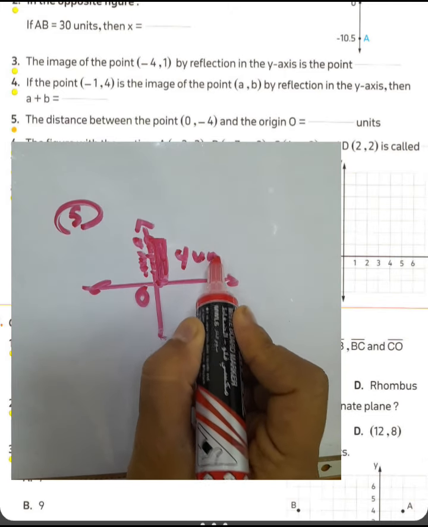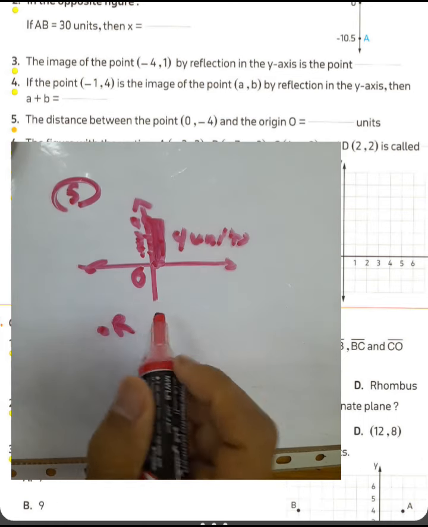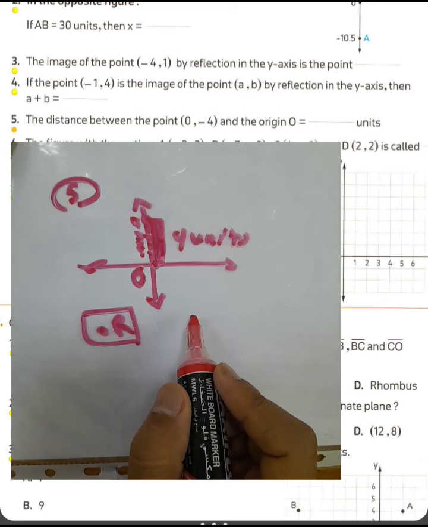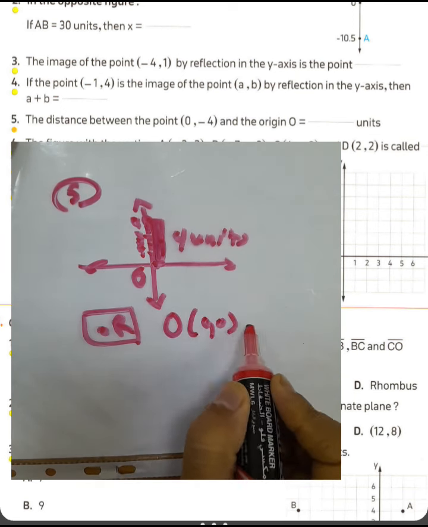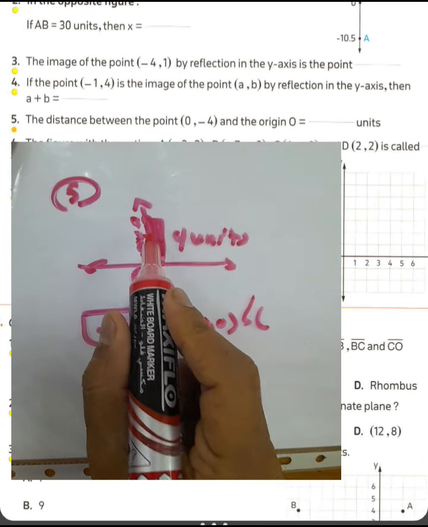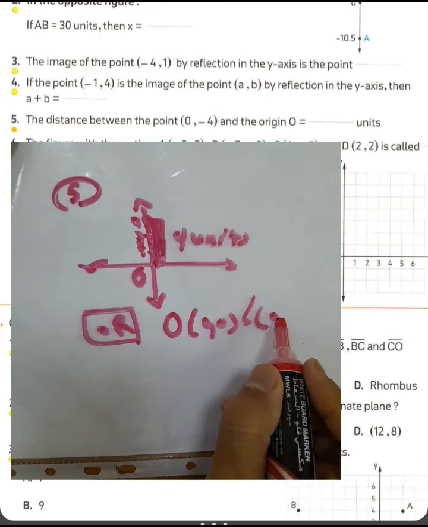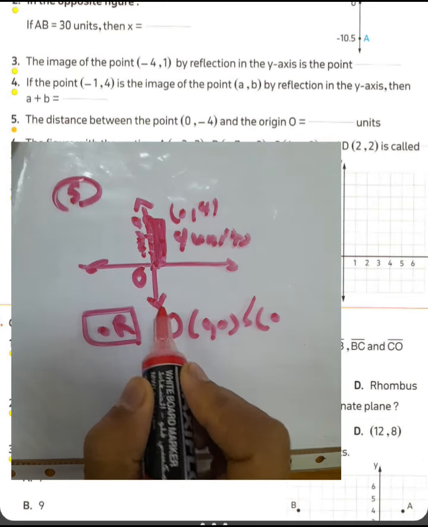Or you can solve this example by another method. The first point, the origin O, is (0, 0), and the second point is (0, 4). Sorry, you want to find (0, negative 4) down.